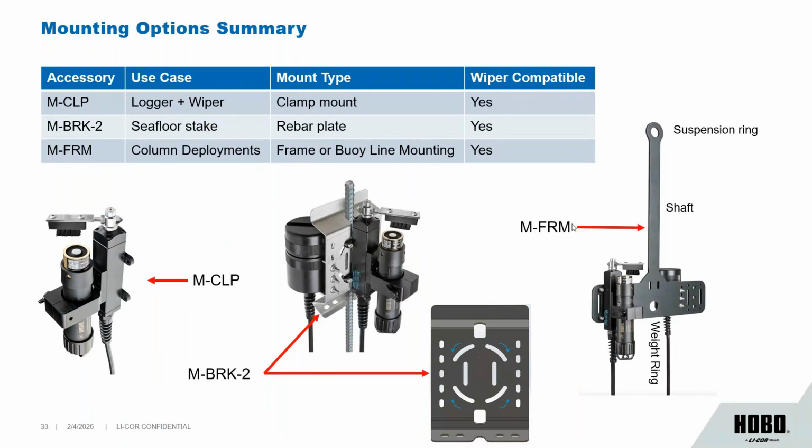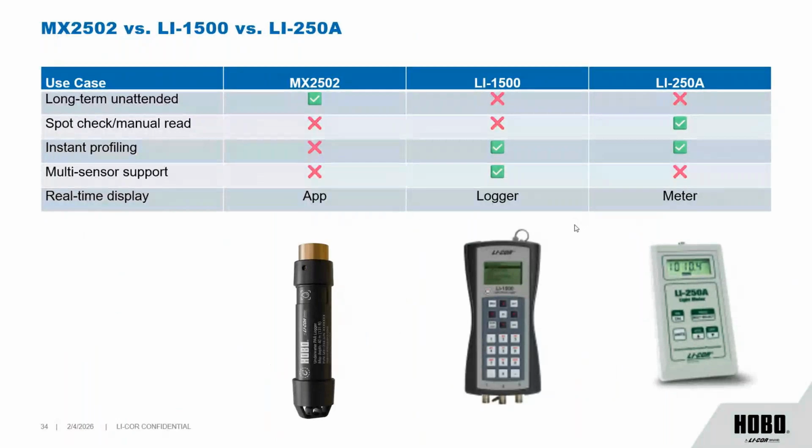All right, so obviously the MX2502 is a new device, but LICOR as a whole has a legacy of supporting underwater light measurement. So this table really is just a comparison to help clarify positioning. How I would position this is that the MX2502 is designed for unattended long-term underwater logging.